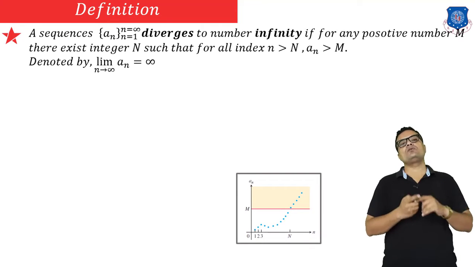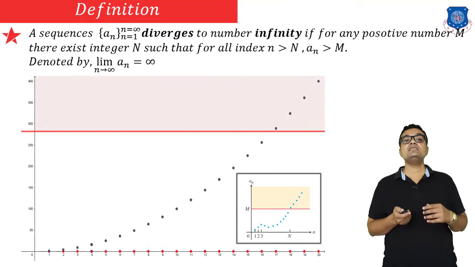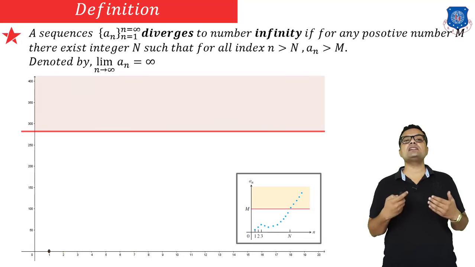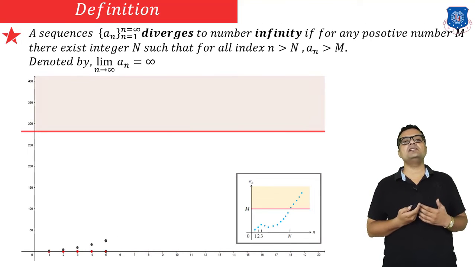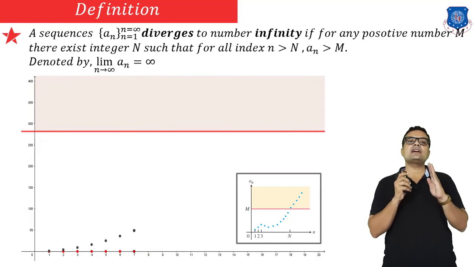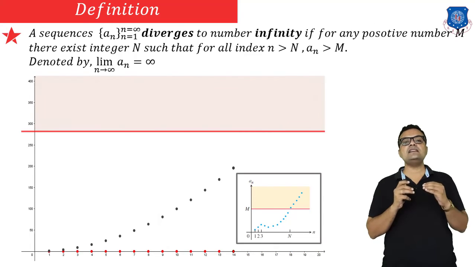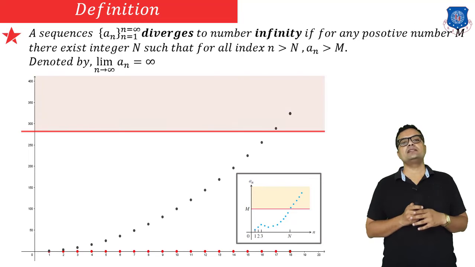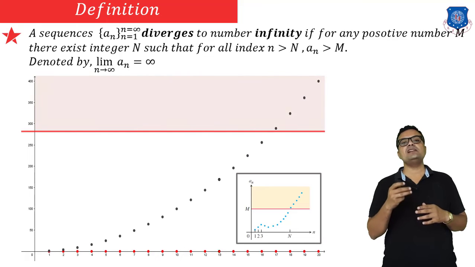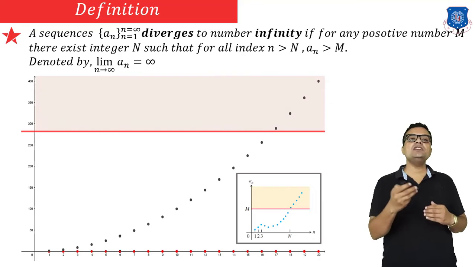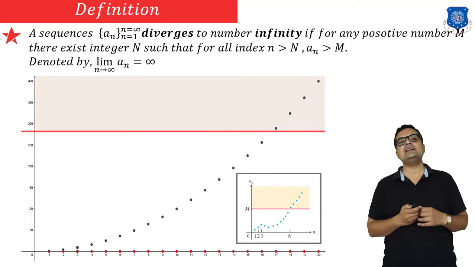Now let us consider our first case. This is how your values will start increasing after a certain level. If I consider a sequence given by e raised to n, and I take n tends to infinity, you can see clearly it is exponential growth, so it will move rapidly towards infinity after a certain level.